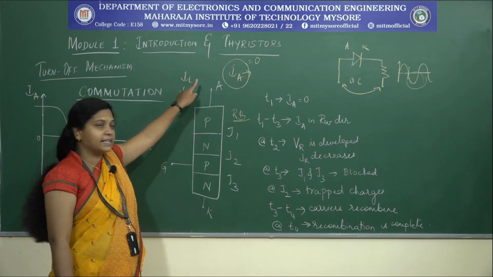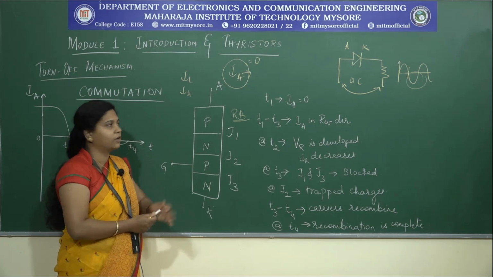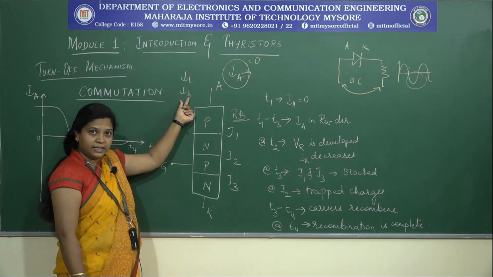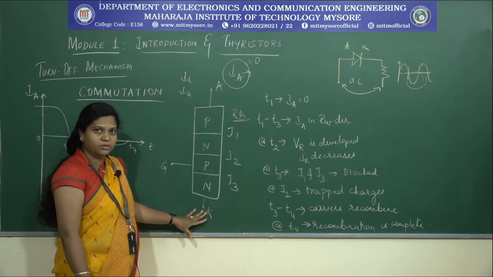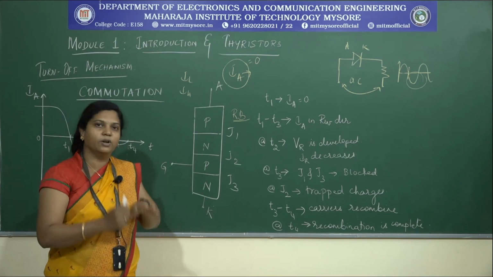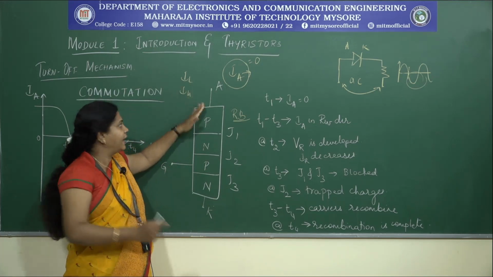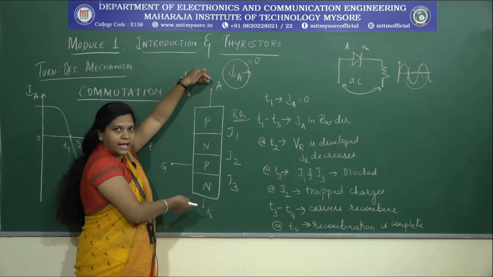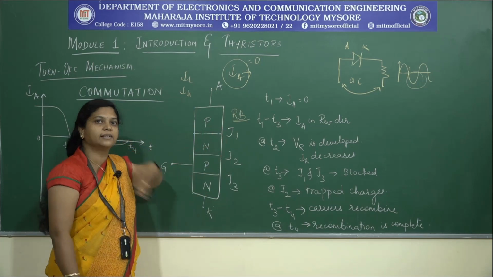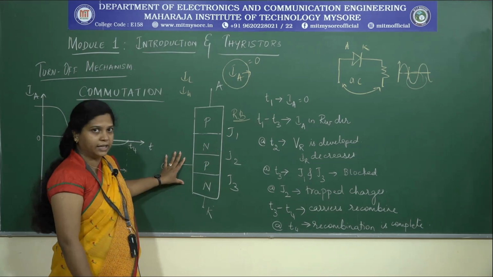Only if the current is less than the latching current can we say that we are reducing the current and going to make it 0 current. Provided the latching current is gradually being reduced within the 4 layers, there will be some voltage already present. So, as you are reducing the latching current and again applying the potential across this anode and cathode, there are chances of the thyristor getting turned on again, without the help of the gate.